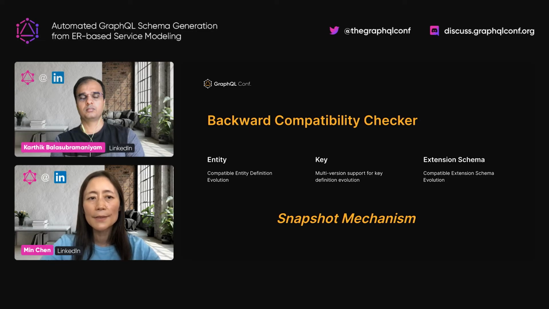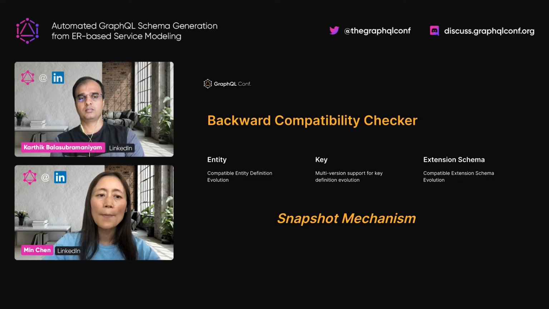Corresponding to the three pillars Karthik just mentioned for our ER service modeling, we can build a backward compatibility checker to guard those three types of incompatible changes an API developer may make. First, we can guard incompatible entity definition evolution. Secondly, incompatible key definition evolution.